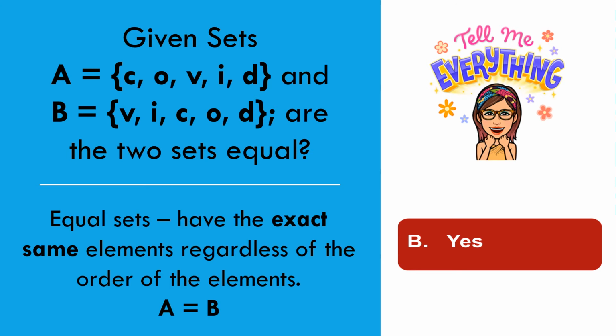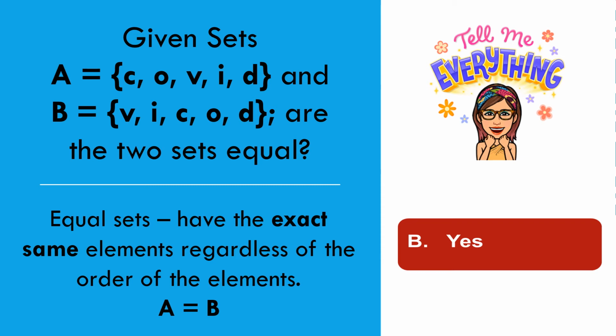Equal sets have the exact same elements regardless of the order of the elements. As you can see, for set A, the elements are C, O, V, I, D, and for set B, the elements are V, I, C, O, D. For set A, we have the element C, as well as for set B. Also O, V, I, and D. So they have the same elements.